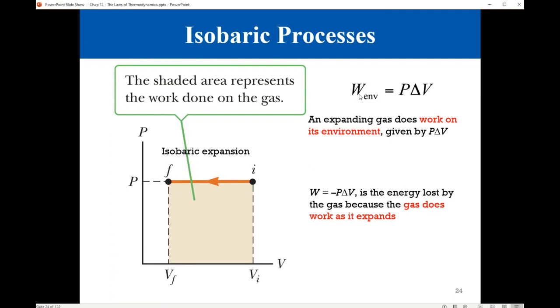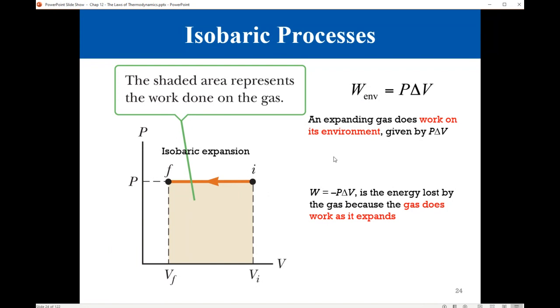Because during the compression the piston moves inward, while the gas applies a force in the opposite direction, upward. When we reverse the direction of motion, naturally the sign for the work will reverse.